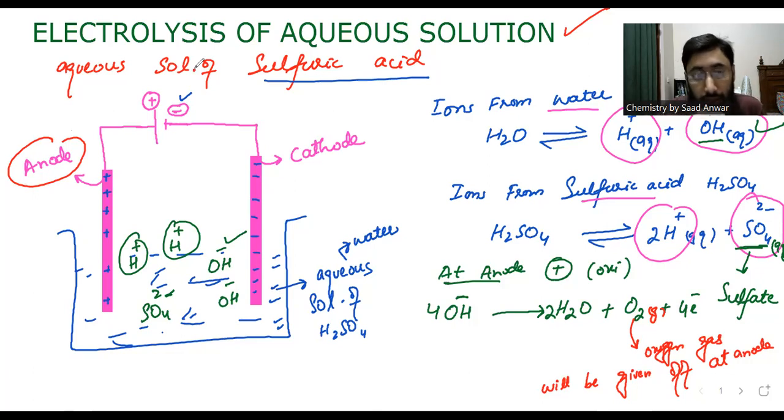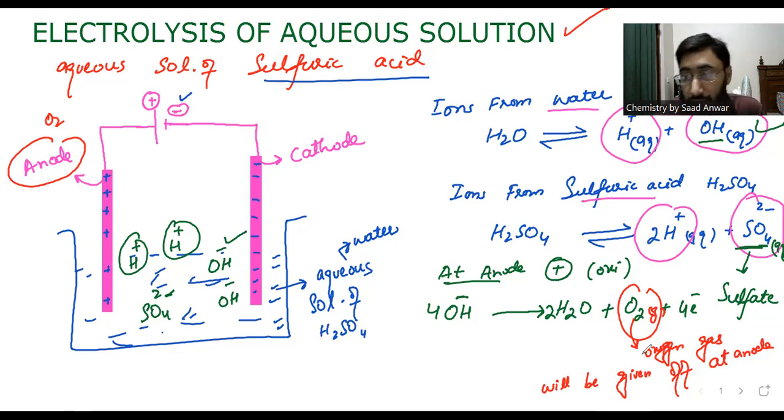Again, listen. When the question is which product will be produced at anode when electrolysis of aqueous solution of sulfuric acid takes place, then remember oxygen gas will be given off at anode.